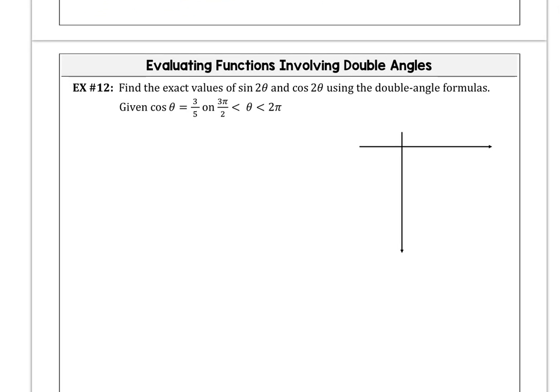We want to find the exact values for the sine of the double angle and the cosine of the double angle. For the sine of the double angle, I'm writing that pattern off of the first screen. Sine of 2 theta is 2 sine theta times cosine theta, and I'm given this information here. We want to draw that picture in quadrant 4.